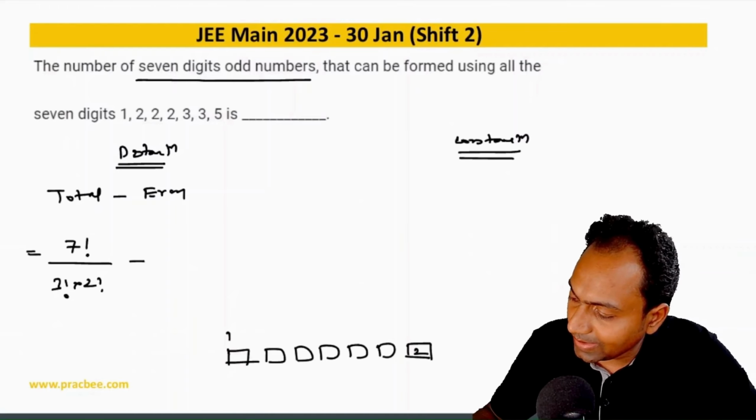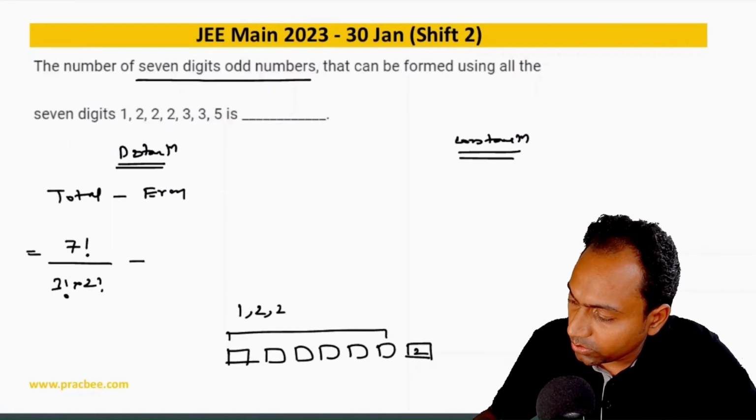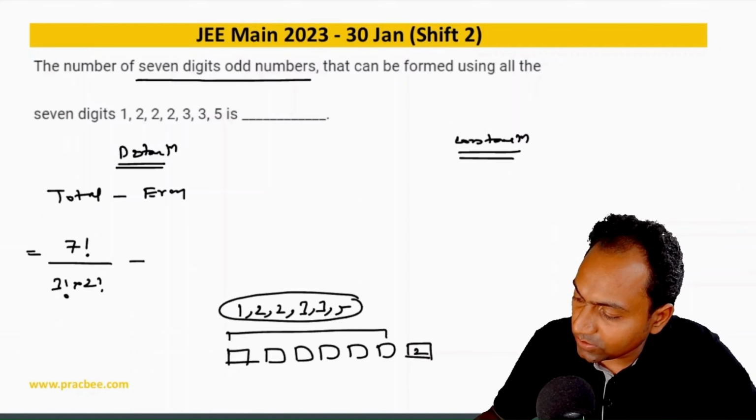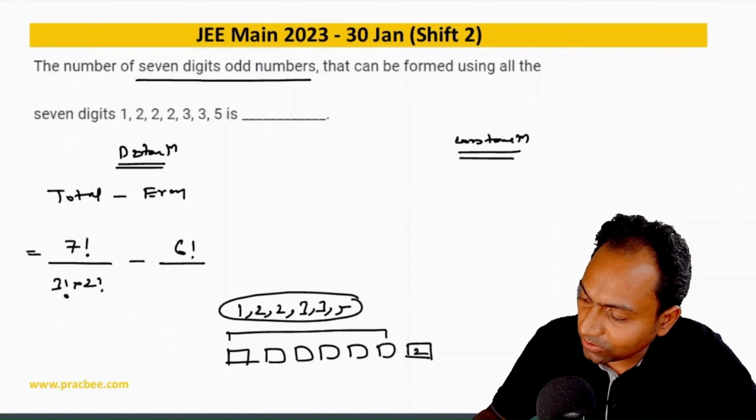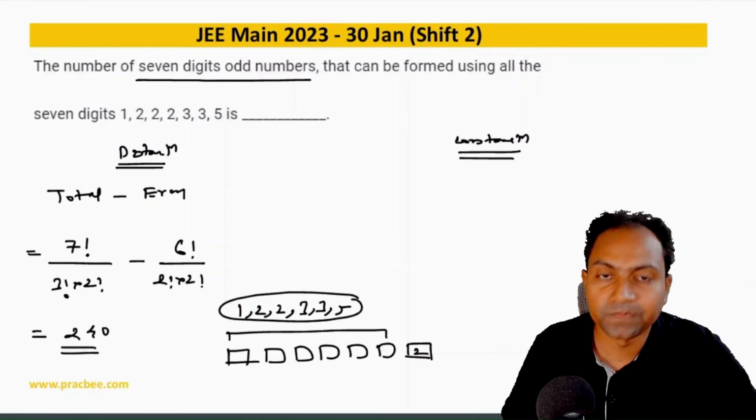So now in these 6 places, what we need to arrange is nothing but 1, 1, 2, 2, 3, 3 and 5. So total ways of arranging this would be 6 factorial by 2 factorial into 2 factorial. And if you simplify this, it comes out to be 240.